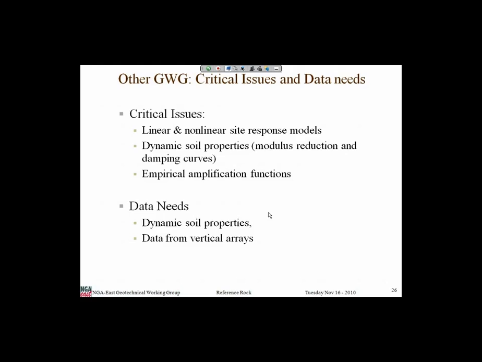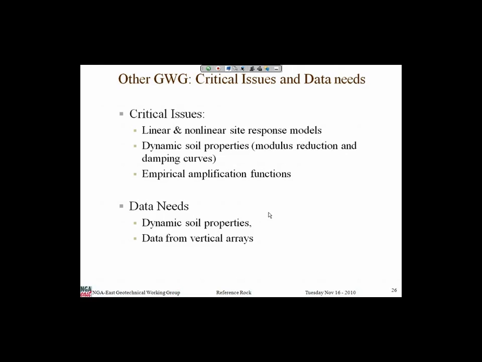So what are some of the issues we are identifying right now that are critical to us? What type of models will we want to use in our site response analyses to characterize this site amplification? Linear, equivalent linear, nonlinear site response models. We have an activity within the geotechnical working group that is looking at the available models and what different people have been using, and we're going to propose how we're going to work with these.